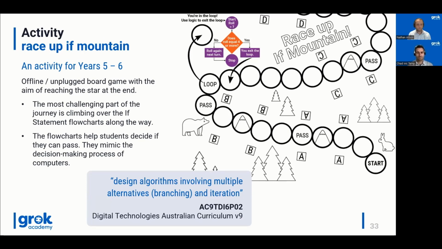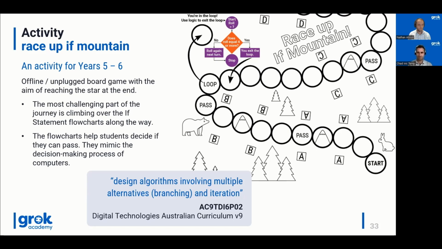Yeah, this activity looks fantastic, and it does have the opportunity for students to do complex branching and for them to design their own algorithm. So it's an offline, unplugged board game with the aim of going from the start and finishing at the finishing star. The students move their way over, I guess, smaller if mountains.